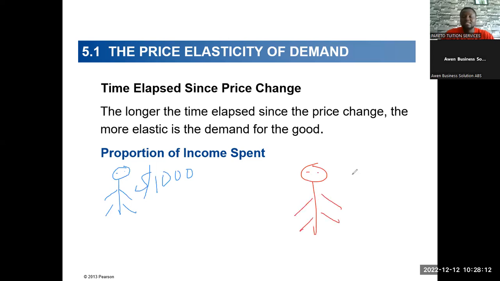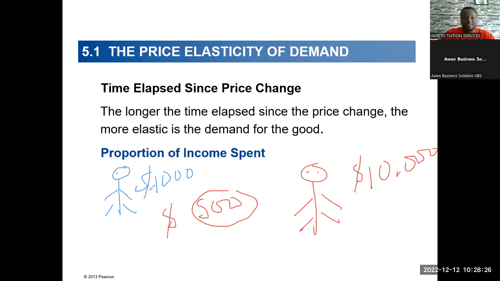He has $10,000. Now they are all buying a particular good that costs $500. So this guy is using 50% of his money to buy the good. He's taking 500 out of the 1,000. This guy is using only 5%.